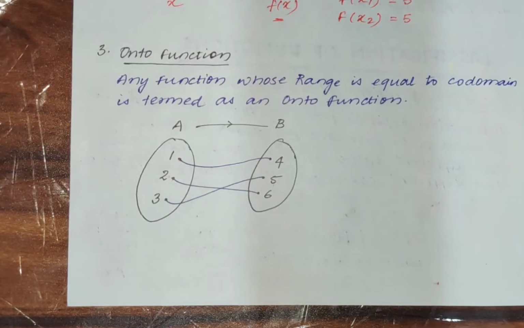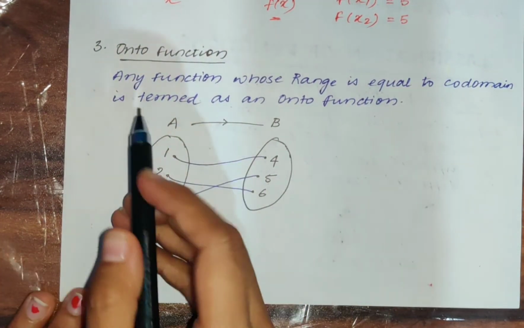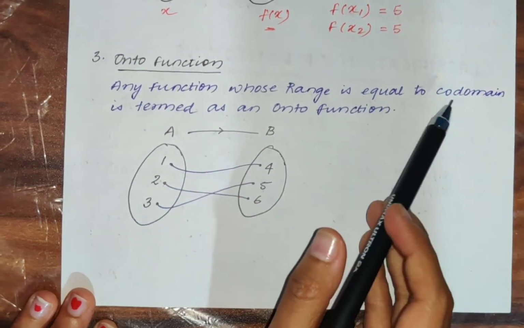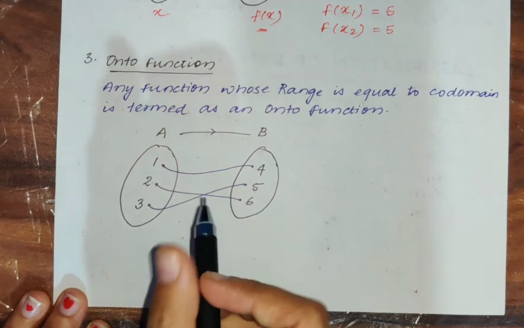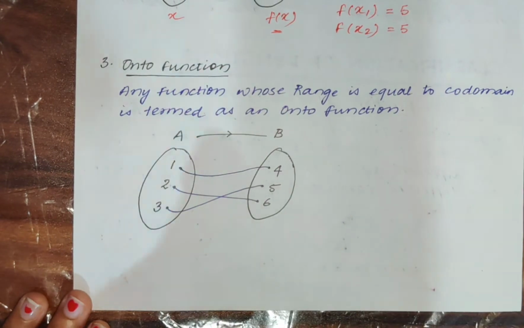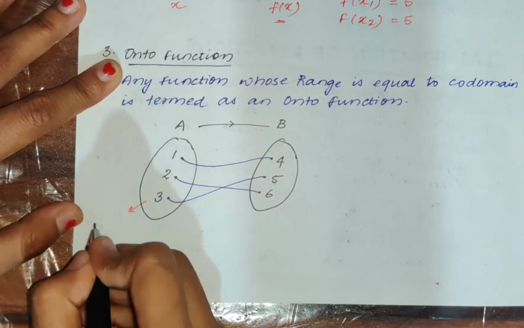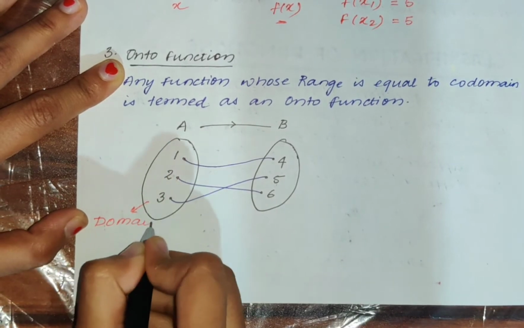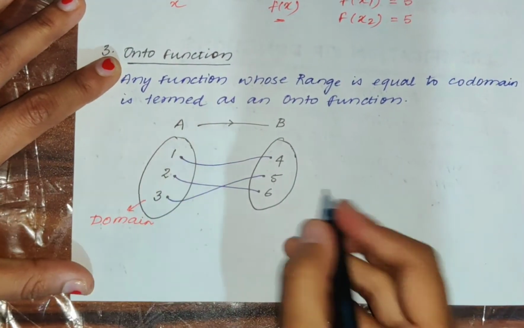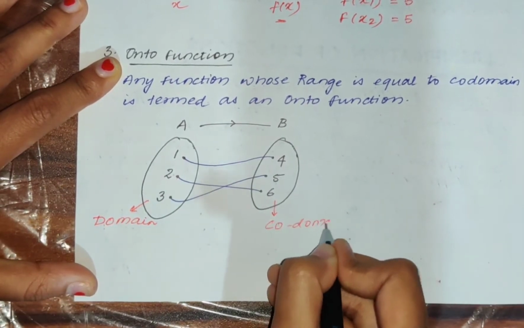Now the third type is onto function. It is very simple. Onto function means any function whose range is equal to the codomain. In my previous lecture, I told you what a domain is and what a codomain is. Let's see that again. This set is known as domain, from where the elements are supposed to be mapped. And set B is known as codomain.